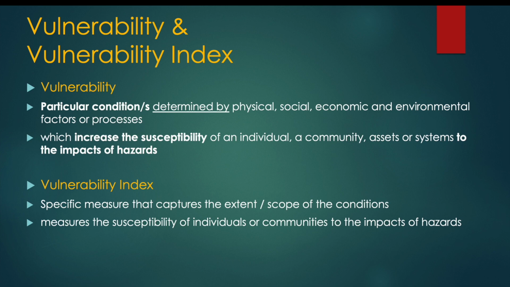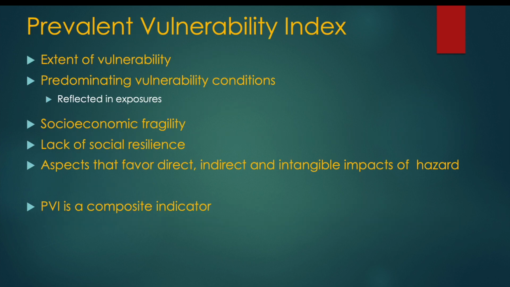And a vulnerability index is a specific measure that captures the extent or scope of those conditions that increase the susceptibility of individuals or communities to the impacts of hazards.